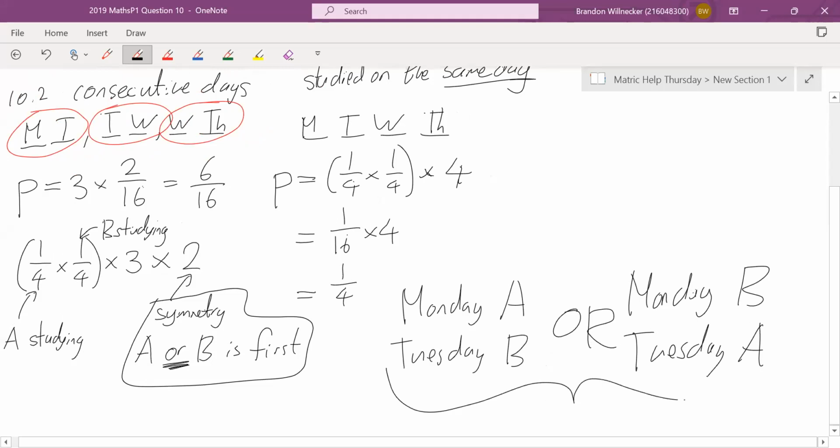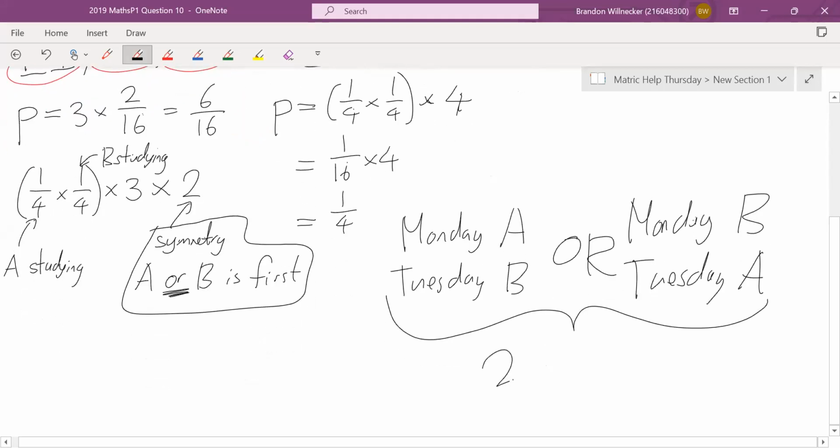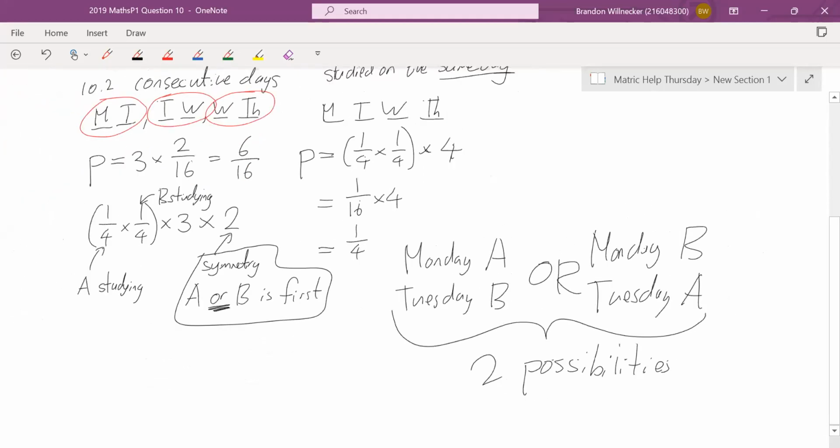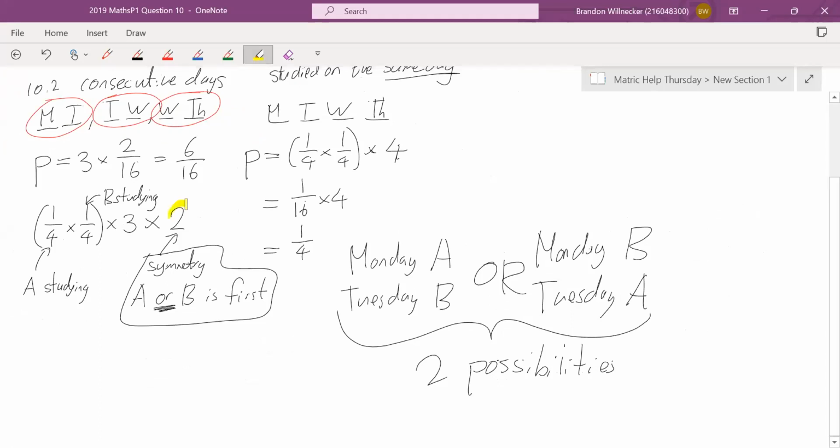So you see we get 2 possibilities for each one. Okay, so whatever we get, we need to multiply by 2 for the 2 possibilities. Okay, and that's because we've got this or over here.